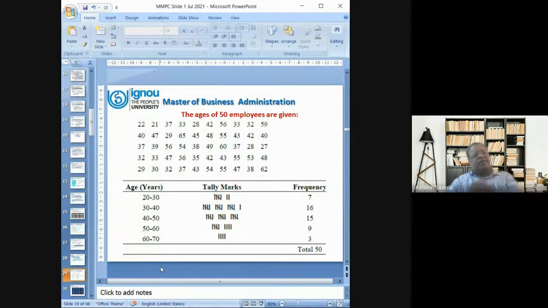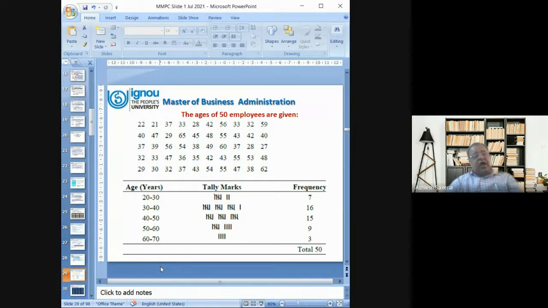We will take a simple gap of 10. The first class interval will be 20 to 30. Similarly 30 to 40, 40 to 50, 50 to 60, and 60 to 70. We won't go beyond 70 because you said the highest number is 65. The first column of ages is complete.